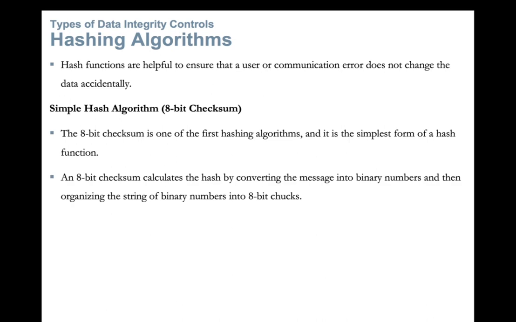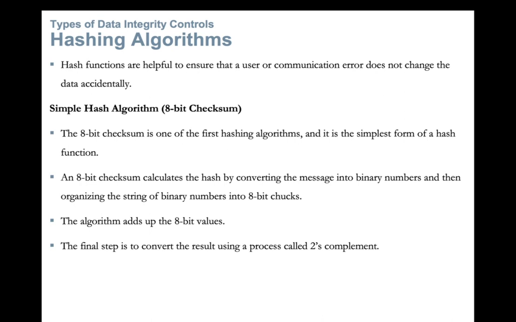The algorithm adds up the 8-bit values. The final step is to convert the result using a process called two's complement. The two's complement converts a binary to its opposite value and then adds 1.